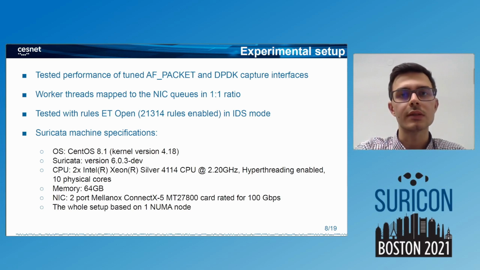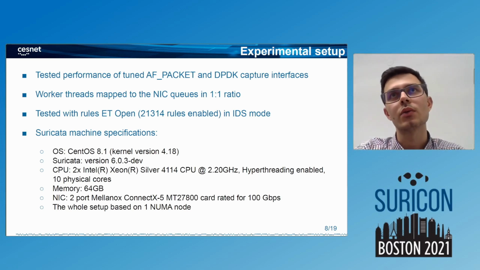Both of these interfaces were run in worker run mode with NIC queues mapped to the threads in a 1-to-1 ratio, so each NIC queue had one thread bound to it. It ran in IDS mode.